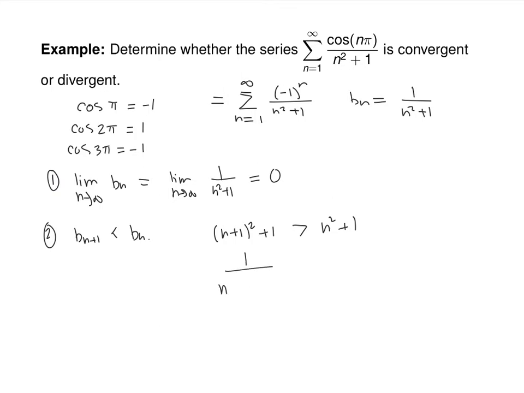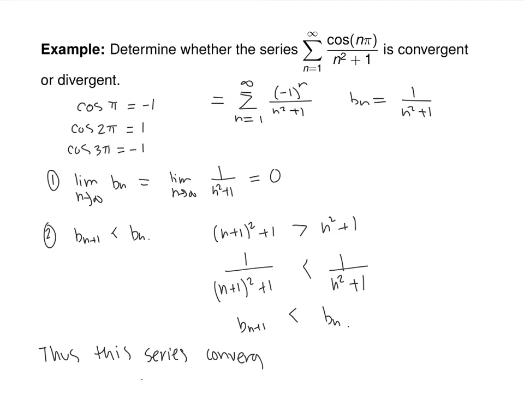So 1 over (n plus 1) quantity squared plus 1 is less than 1 over n squared plus 1, or b sub n plus 1 is less than b sub n. So thus, this series converges by the alternating series test.